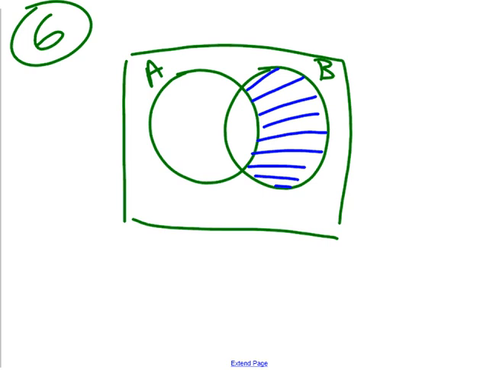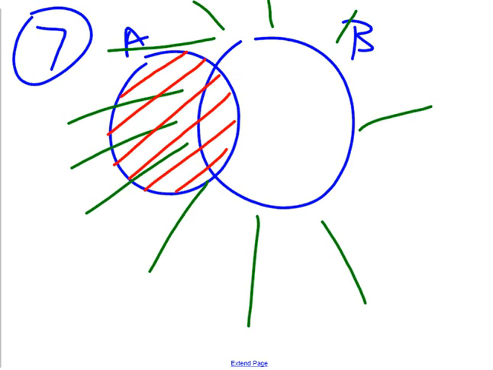Okay, number 6 is probability of B only. Number 7 is where you really get to see if people really understand this stuff. On number 7, the question was, sorry, hold on, probability of B naught.